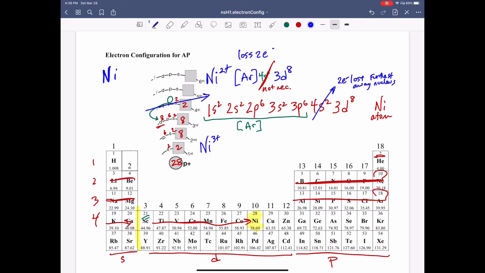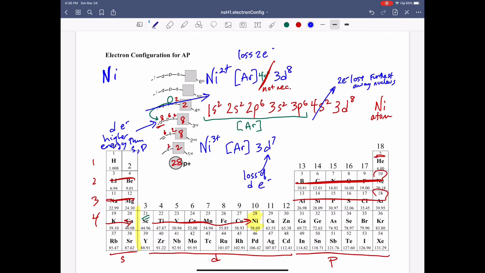And now for nickel 3+, it will be a D electron. So we could write argon 3D7. D electrons are higher energy than S and P, and so that's why nickel 3+ will be a loss of a D electron.